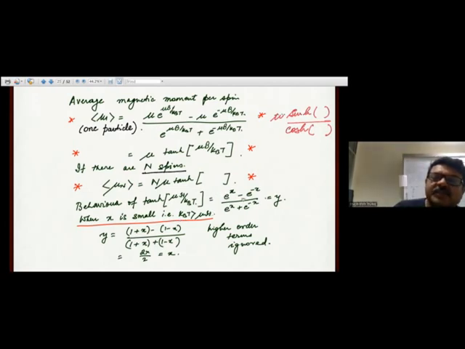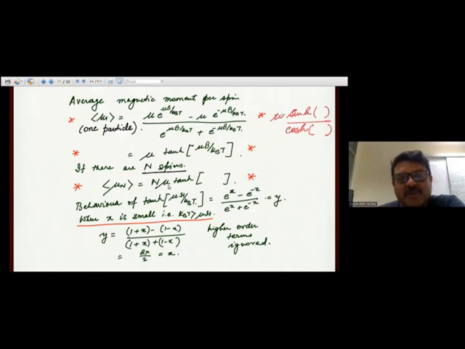Then these exponentials can be written as 1 plus x minus 1 minus x. And similarly here, right? And that was 2x by 2, which is x. That is the behavior of tanh. In that case, what would be the behavior of the magnetic moment? Expectation value, average value. This is called the expectation value.